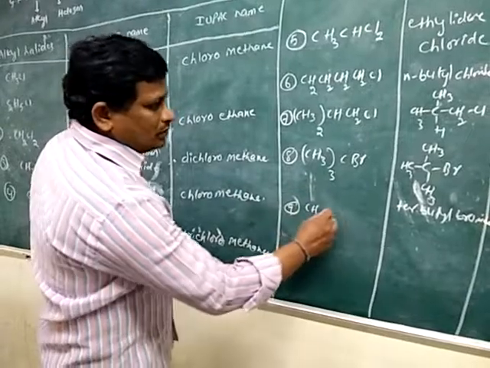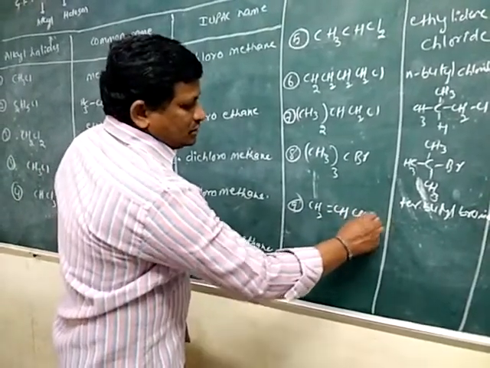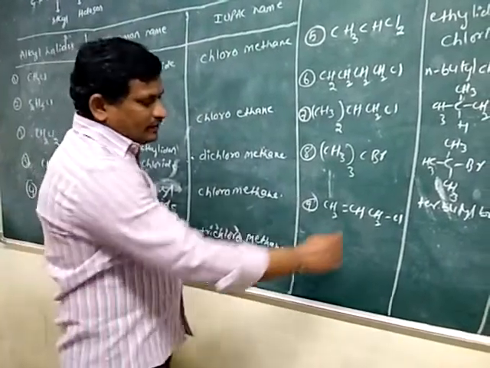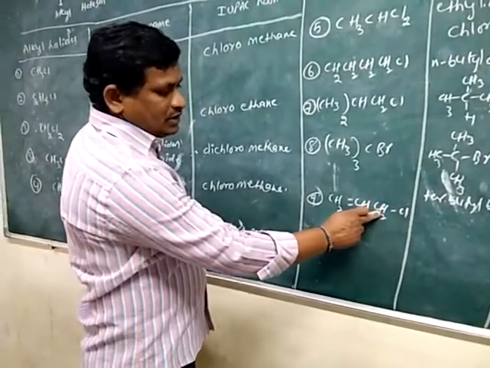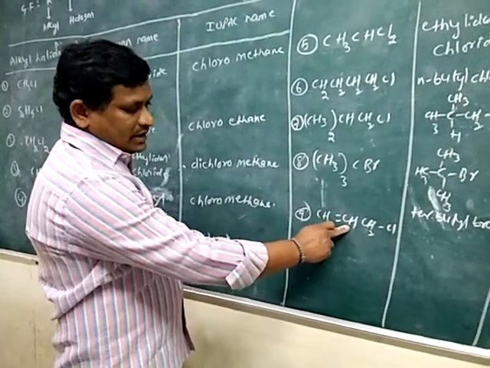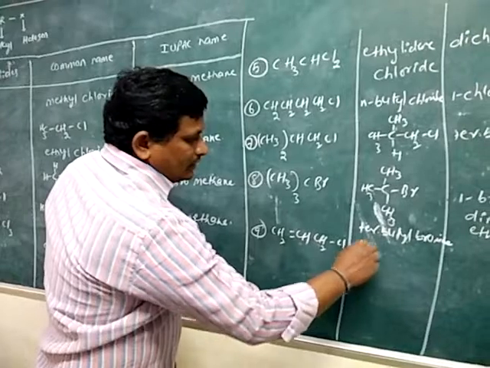Then the next one is CH2=CH-CH2Cl. The alkyl group is attached to the sp3 carbon, the next carbon is an sp2 carbon. So it is allyl chloride.